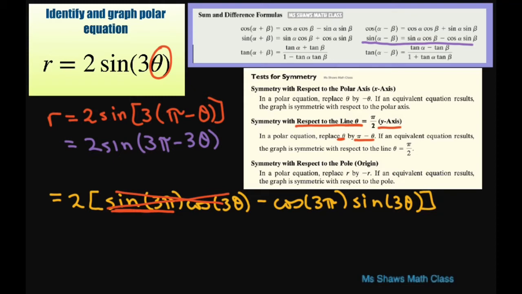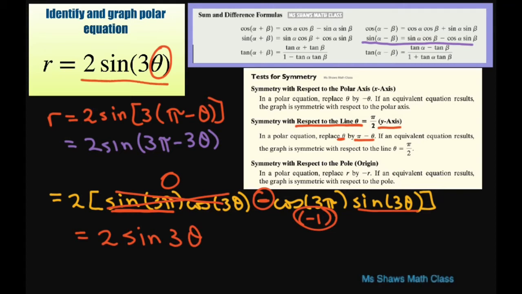Cosine of 3 pi is going to be negative 1. So you have negative times negative 1, and that's going to be positive. So these two negatives make a positive. You're going to get this equals 2 sine of 3 theta, which does give me back my original equation. So this test passes, and it means our graph is symmetric to the y-axis.